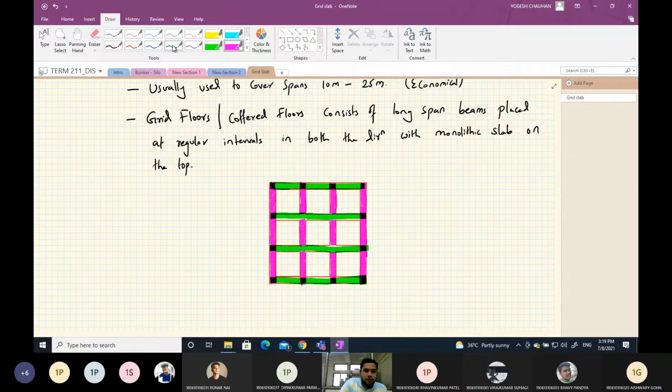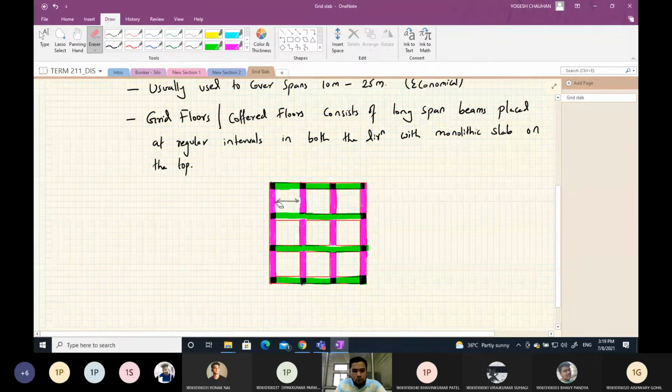These are very closely spaced beams in both the directions, and this spacing is usually 1 meter to 2 meter. Same way here also, the spacing is 1 meter to 2 meter.